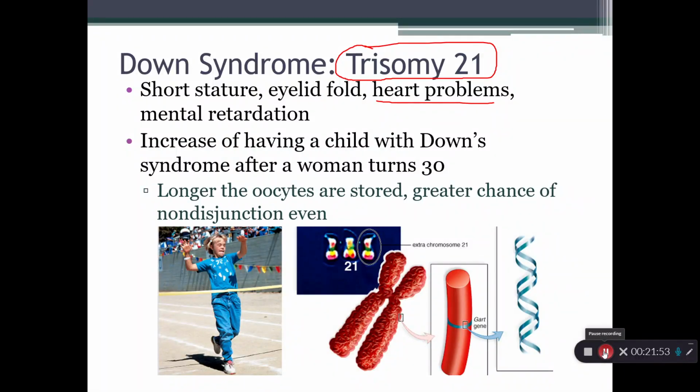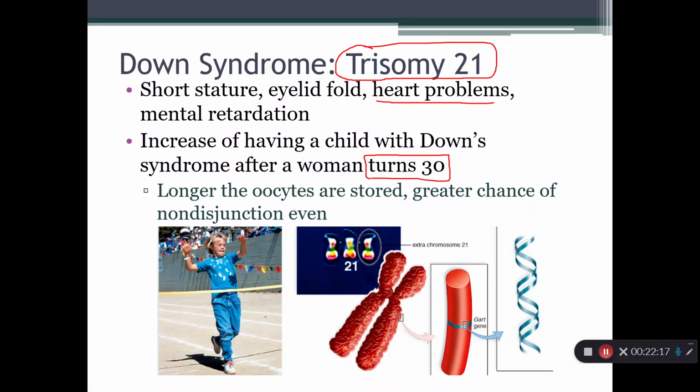what this is talking about is the age of the woman. I'd say 35, but your book says 30. If the woman is over age 30, the chances of having a child with Down syndrome are greater, because those chromosomes are more likely to separate incorrectly.